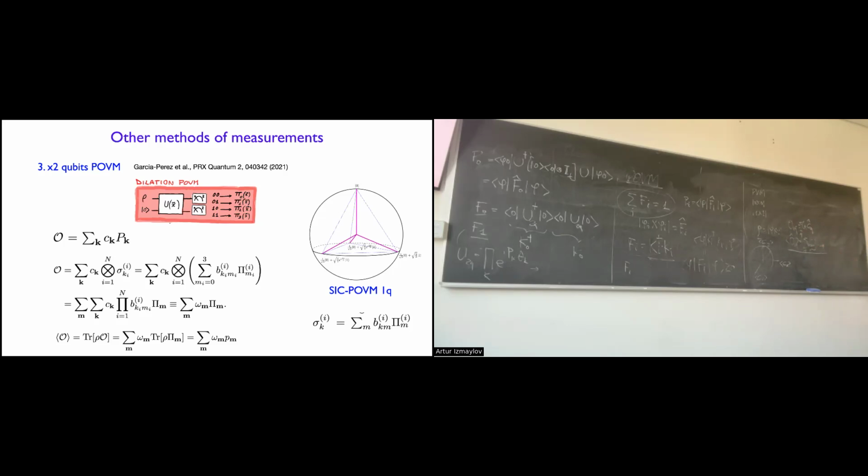But if we do the measurement just here with the PVMs, then we know the expectation value of sigma z, because sigma z is simply the projector onto 0 minus the projector onto 1.